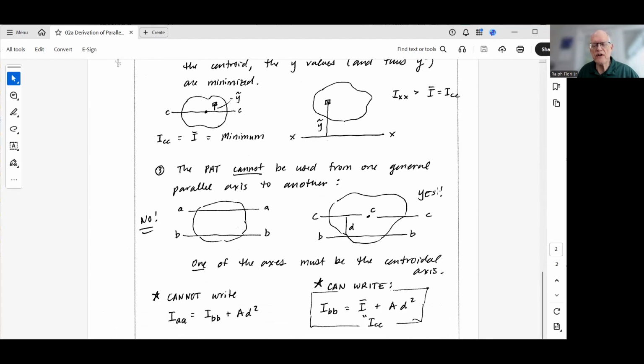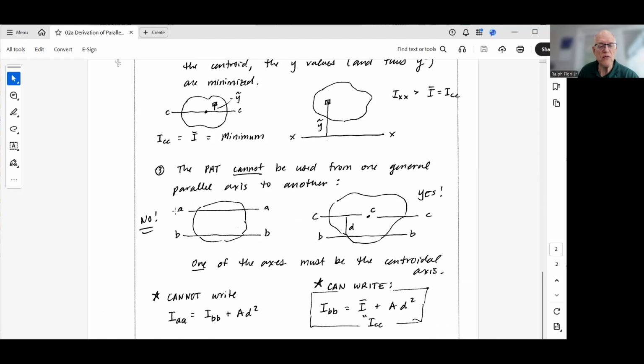This is an important point, and sometimes this is on an exam. If you were given an area and an axis BB and an axis AA, and they give you I about BB, for example, and they say, find AA, you cannot write the parallel axis theorem from one arbitrary parallel axis to another arbitrary axis.